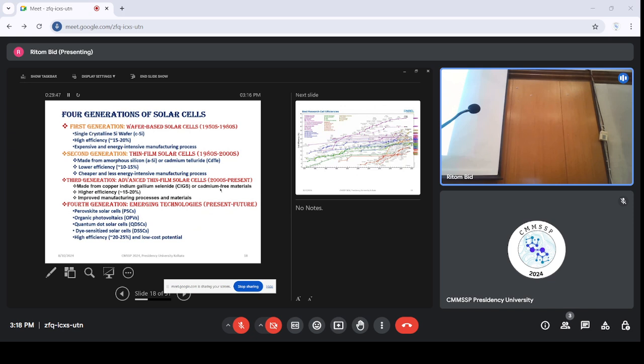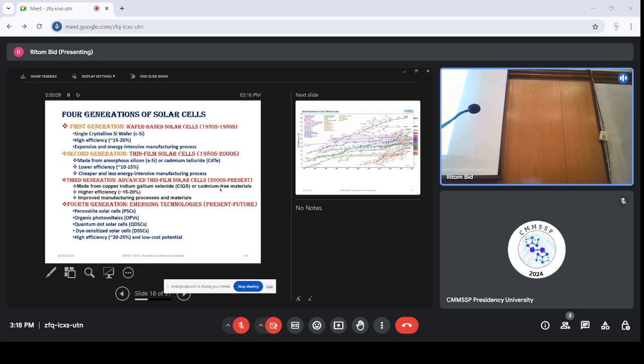In fact, cadmium telluride is one of the most efficient thin film solar cells in today's PV technologies. In India, in Chennai, there is a startup company fabricating cadmium telluride based thin film solar cells for multiple applications.